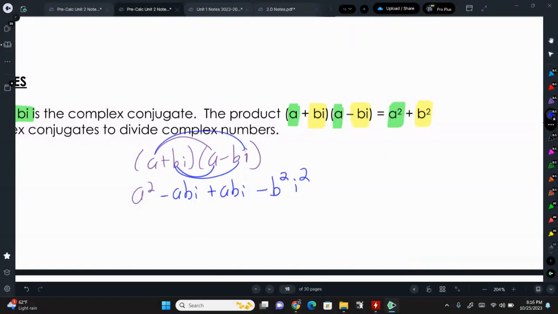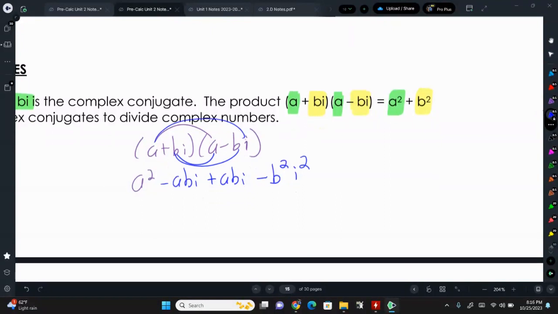So it actually becomes plus b squared. A squared plus b squared. Okay. But if that doesn't make sense, you can always just substitute i squared to be -1. It's just something that we can do as a shortcut. And like I said, these cancel out.